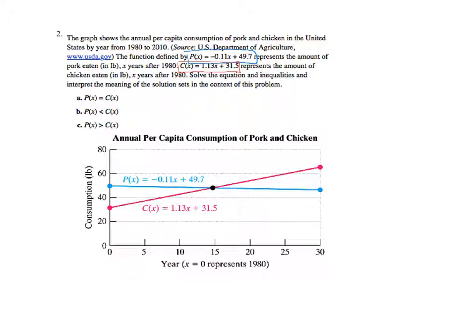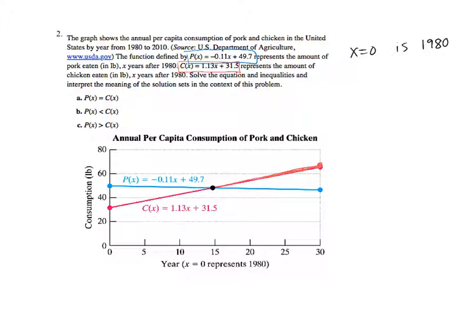And it looks like the amount of chicken is on the rise, and the amount of pork people are eating is going down. I don't know about you, but that's certainly the case in my family. So let's see, we are representing the amount of chicken eaten after 1980, so x equals 0 corresponds to 1980. Solve the equation and inequality and interpret the meaning.